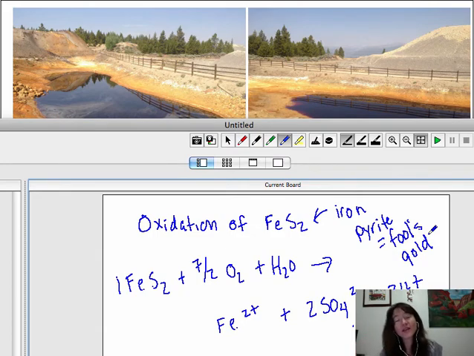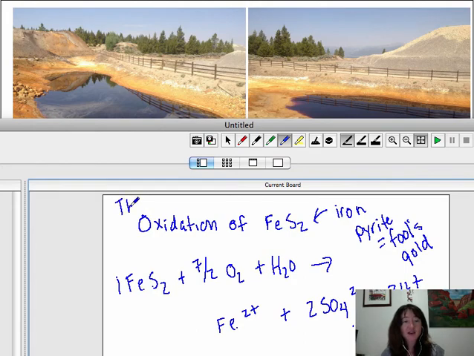But what's even more interesting is to think about in a community with a lot of mining taking place, that again, the fractures and upheavals expose the iron pyrite to the oxidizing zone, which means that bacteria like Thiobacillus ferrooxidans. So let me jot down the name of this bacterium that oxidizes iron sulfide.